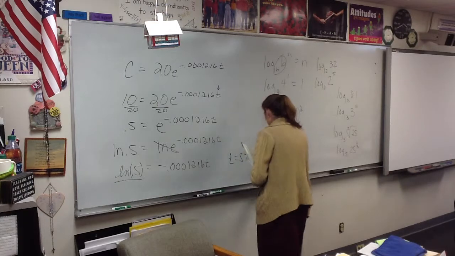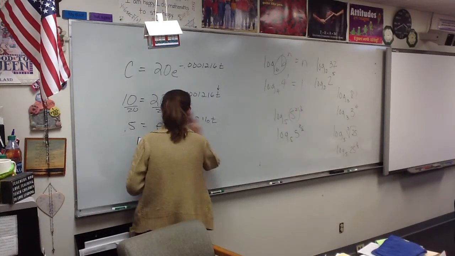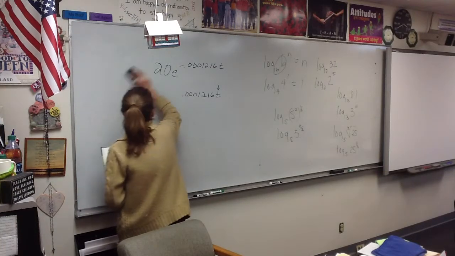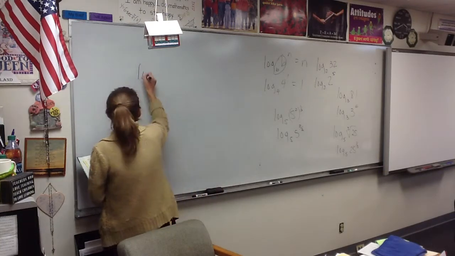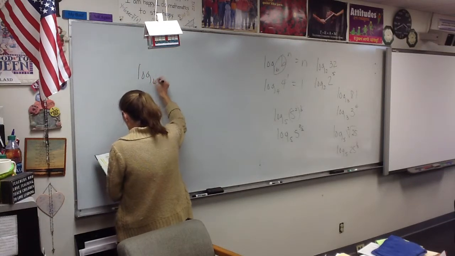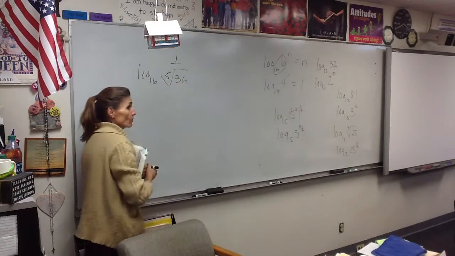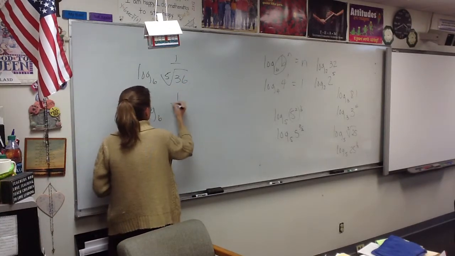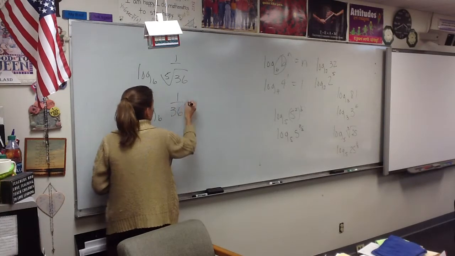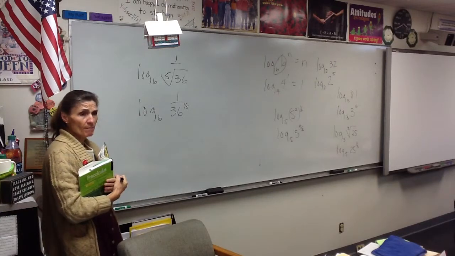What about 6? Take it one step at a time. First of all, it's got a radical. What am I gonna do with that radical? 36 to the 1/5? You okay with that?